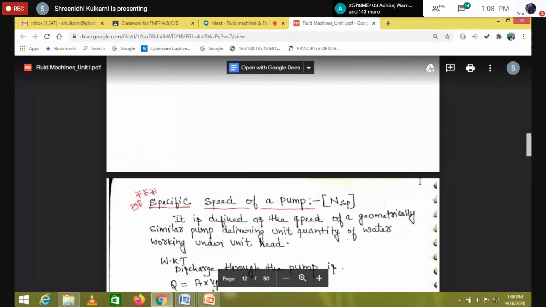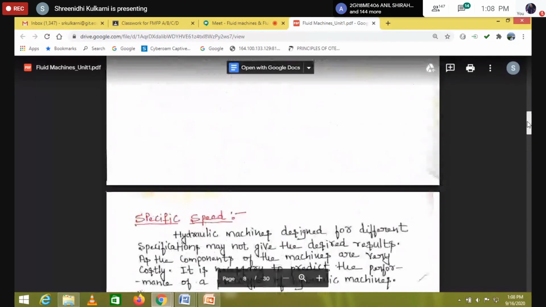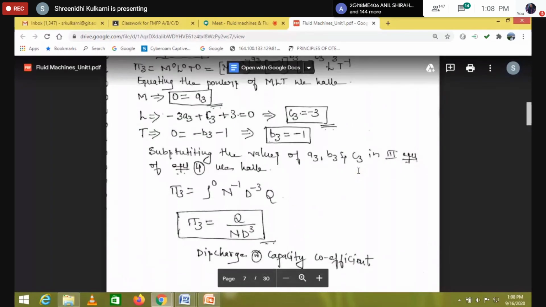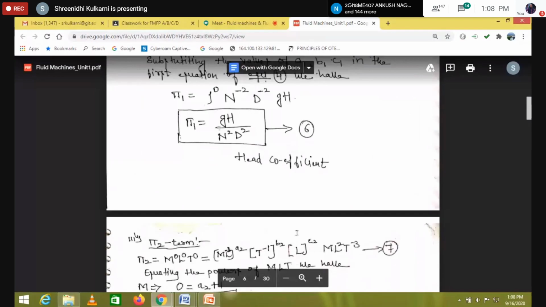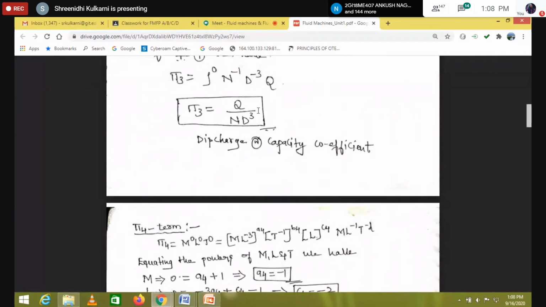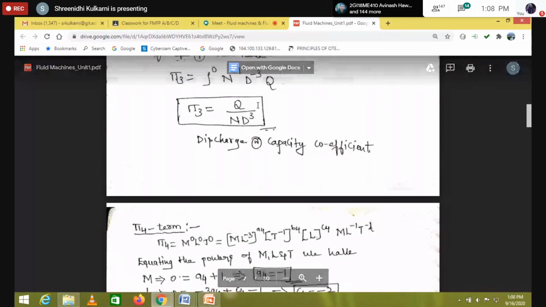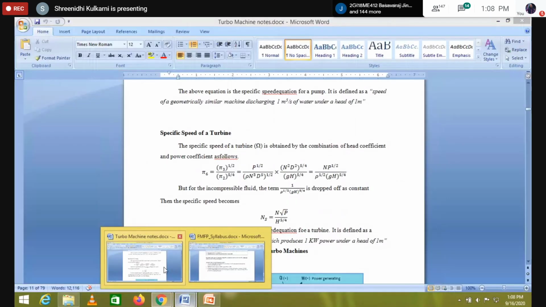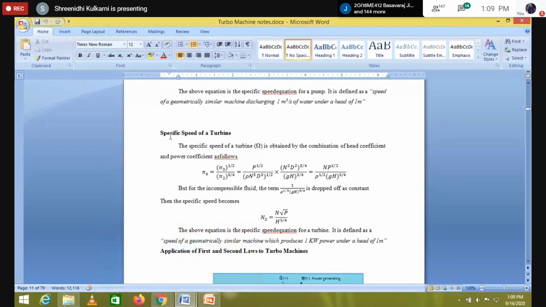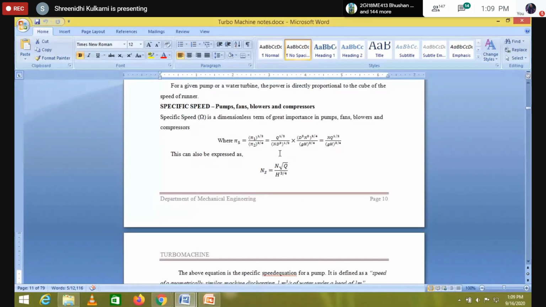If you are familiar with pi terms, pi 1, pi 2 and pi 3, here I am going to show the other method for the specific speed of a turbine and the specific speed of a pump.